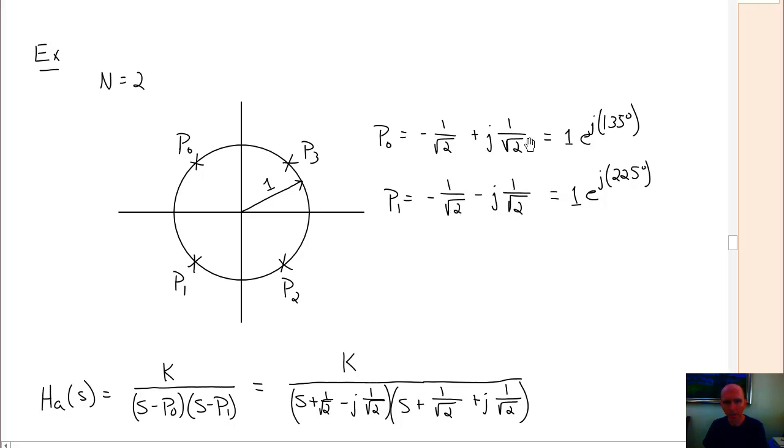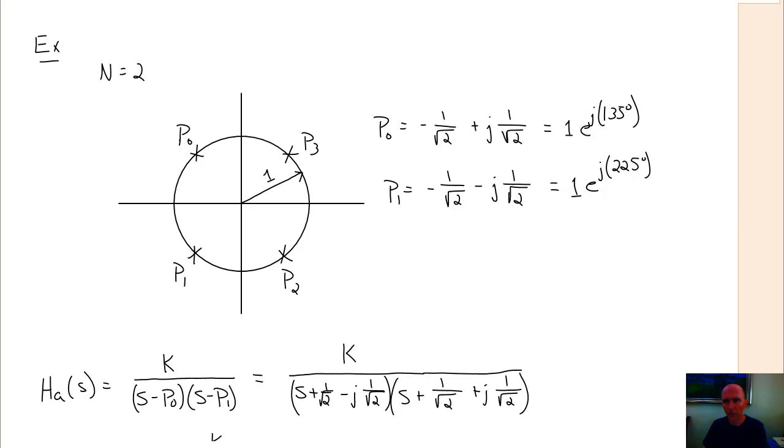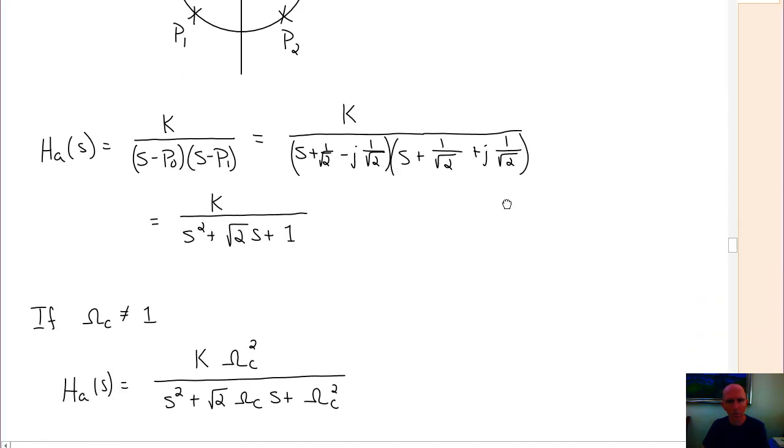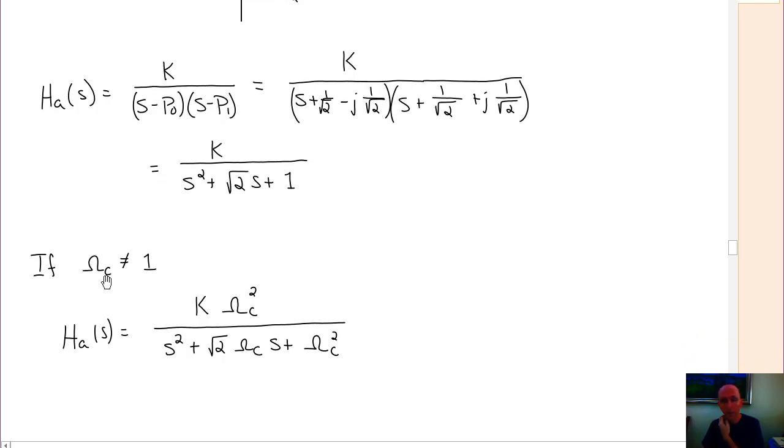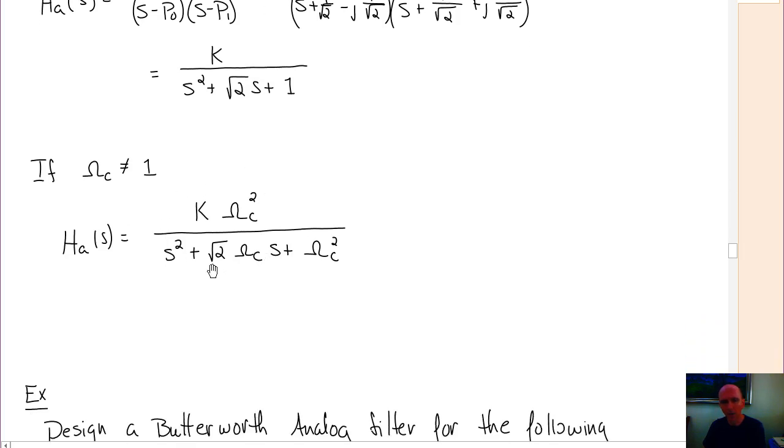Now, when we substitute that into our polynomial function, s minus p0 and s minus p1, we multiply this out, and this is what we get. So we'd get s squared plus square root of 2 s plus 1, and so this would be our constant. If omega c is not equal to 1, then we'd have to multiply by omega c to get our final transfer function.